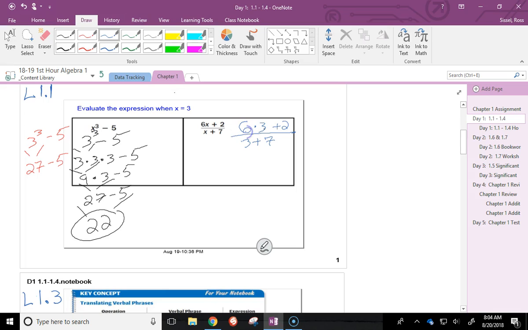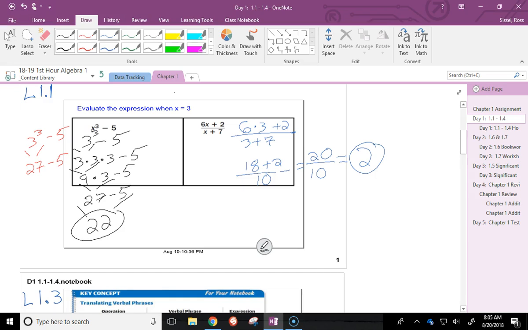Alright, so 6 times 3 is 18 plus 2. And I can already do 3 plus 7 is 10. And then I break this one down. 18 plus 2 is 20. 20 divided by 10 is 2, pretty simple.